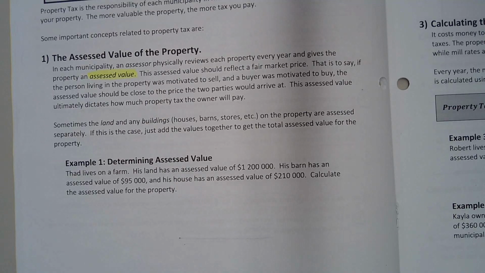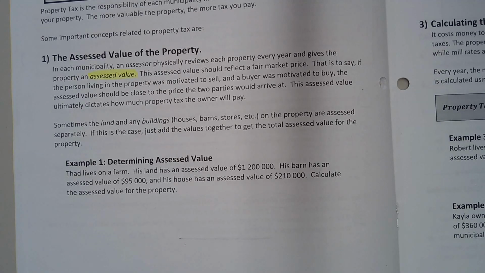And the property could be the land itself, the land where your house is, and the building. And the building includes the house, the physical structure, your garage. Those are what you're going to be assessed on.